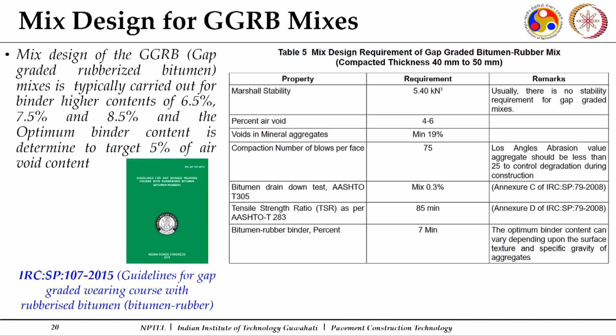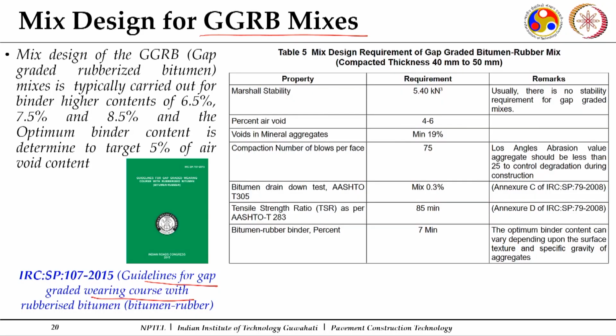Now the other mix in this particular category is gap graded rubberized bitumen mixes. This is where you are using the rubberized bitumen, or bitumen which is modified through the use of waste tire rubber. So that is the guideline for gap graded wearing course mixes with rubberized bitumen or bitumen rubber.